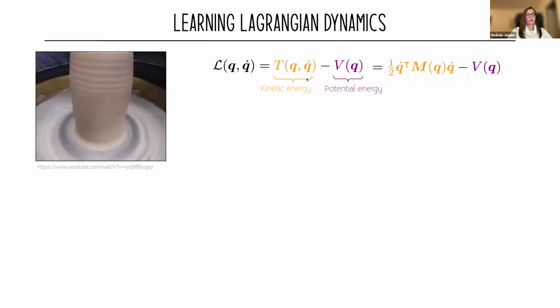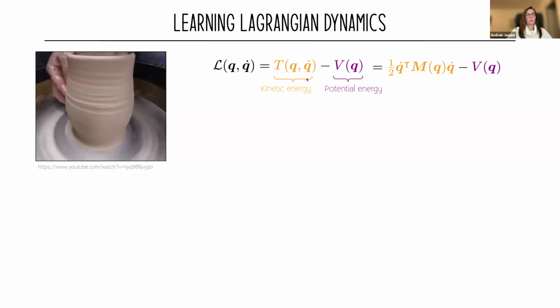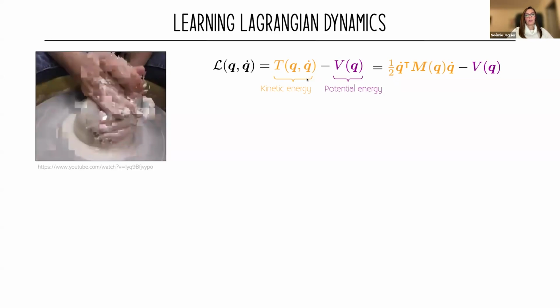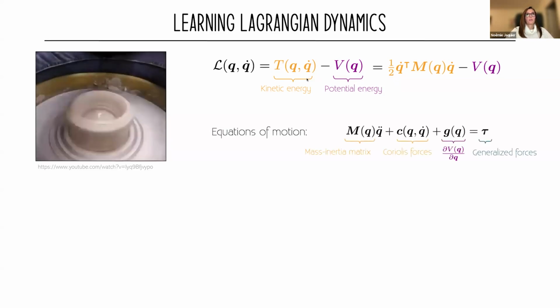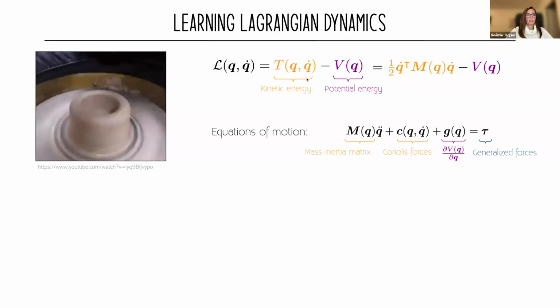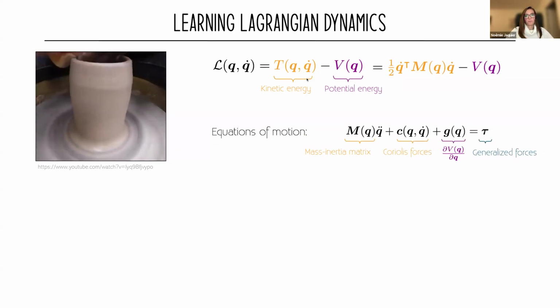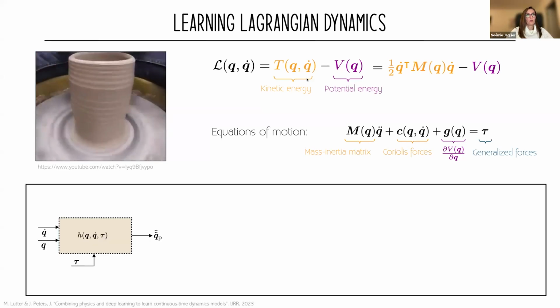So you don't know, when the robot interacts with the object, what is going to happen, what will be the trajectory or the motion of the object. So in that case, we're interested in learning the dynamic parameters. We follow the same Lagrangian dynamics as before, which lead to the same equation of motion. And what we can do to predict the dynamics is typically learn a network or learn a model.